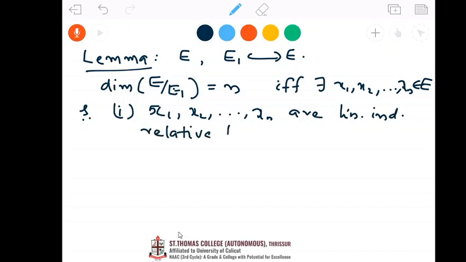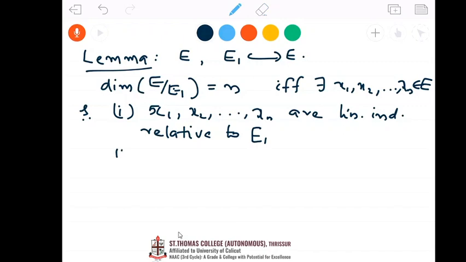So the first property that x1, x2, etc., xn should have is that they should be linearly independent relative to E1. Not x1, it is E1.